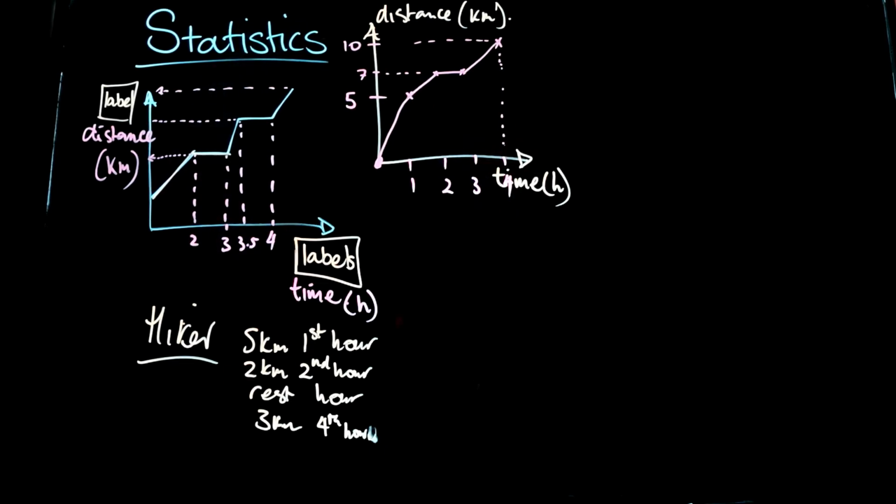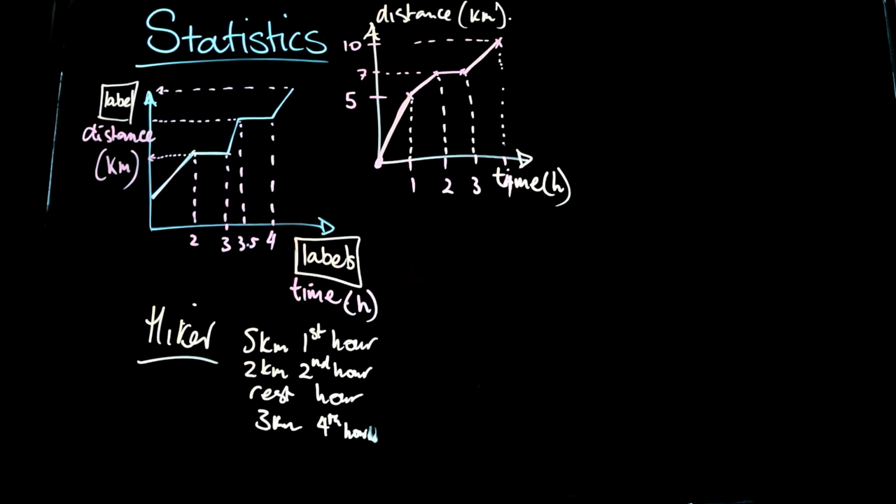And what I want you to notice is that, and you can see this from the story, the amount of distance covered in each hour is slightly different. Okay, so the slope of the line, or the steepness of the line, tells us something about the speed that this person was walking.